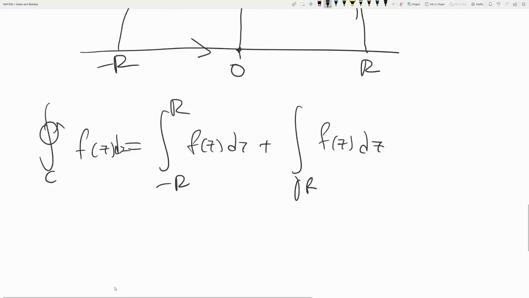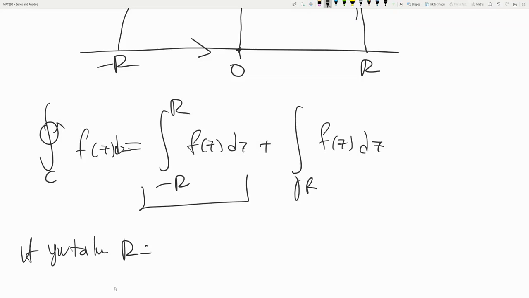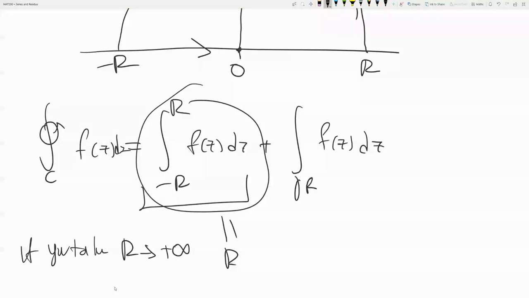Okay, so what? Well, look what we have. This guy is the PV. So if you take R to infinity, this guy is equal to the principal value of your integral.